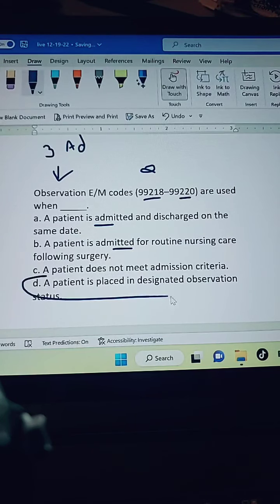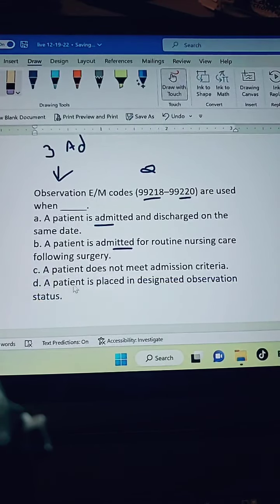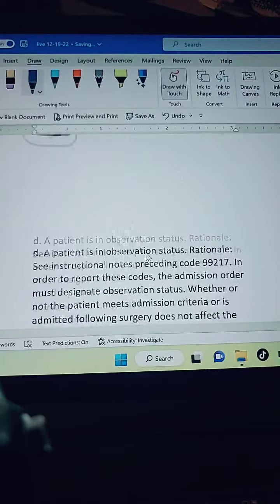This one is D. Patient is placed in a designated observation status. All we care about on anything with observation is just status. They could be in the ER, they could be in a waiting room, but if we're still observing them, it doesn't matter. Their status matters, not their physical location.